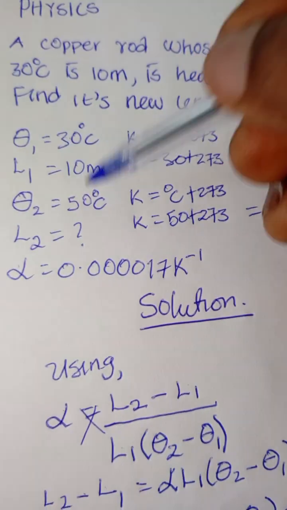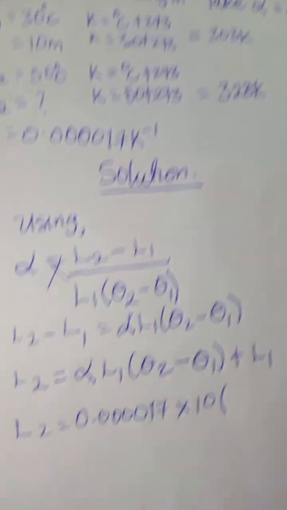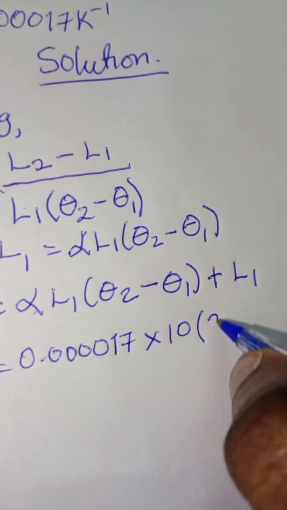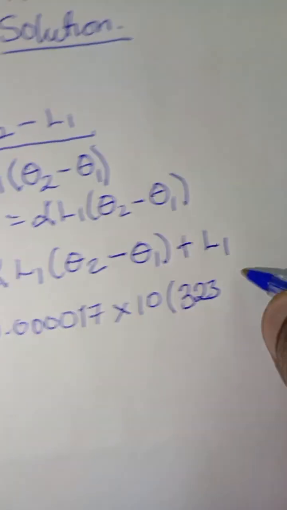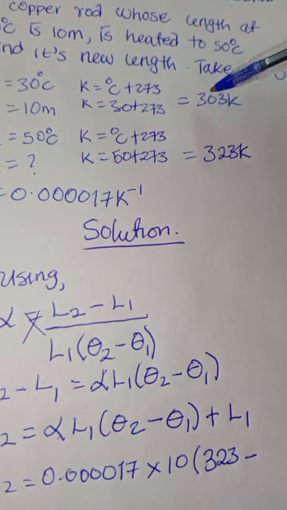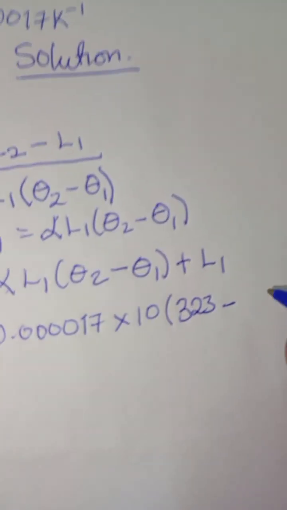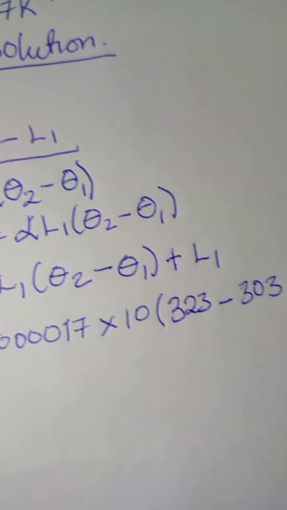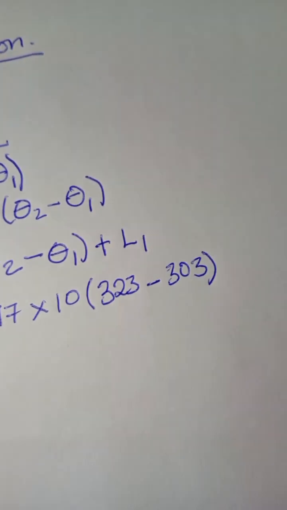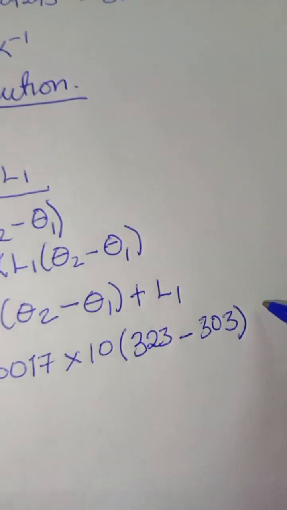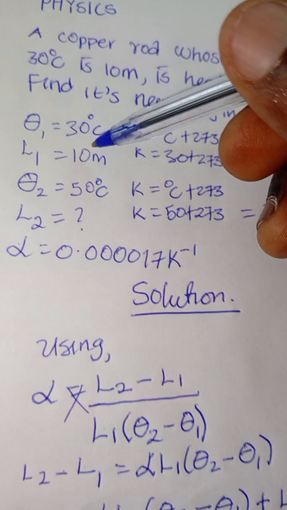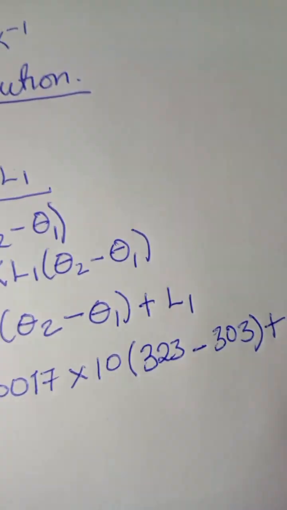Remember, we're not going to be using the Celsius values anymore, we're going to be using the Kelvin values. So theta 2 is 323, minus theta 1, which is 303. Remember, it's in a bracket. Don't forget our L1, so plus the value of L1, which is still 10.